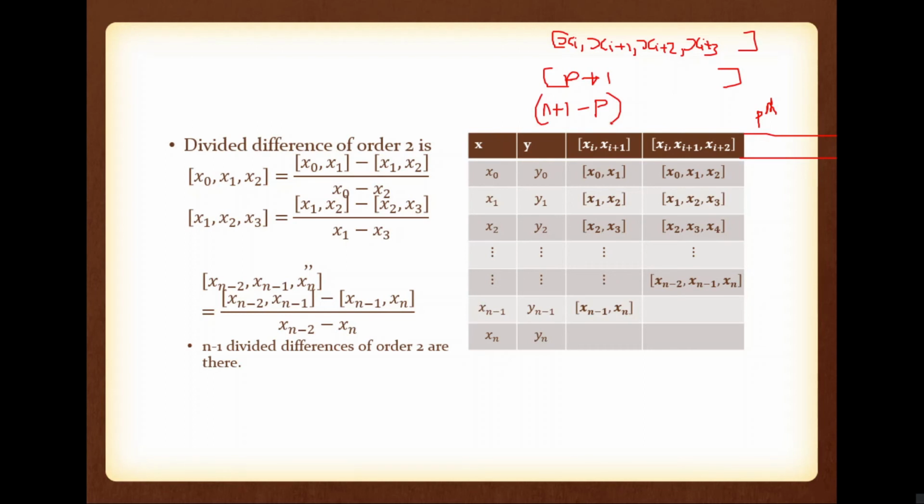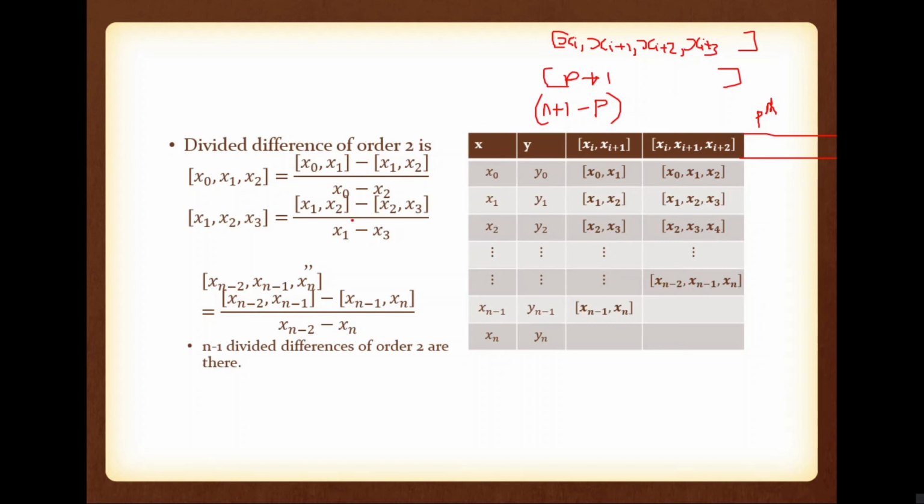If you are finding the pth order divided difference, then again a square bracket is used, and inside the square bracket p plus 1 elements are there. Then in that particular column you can find n plus 1 minus p elements. Is it clear, all of you?